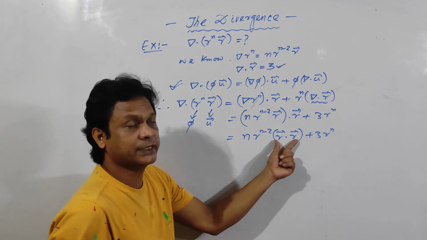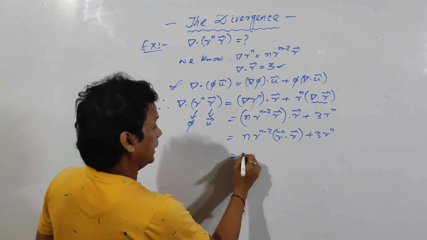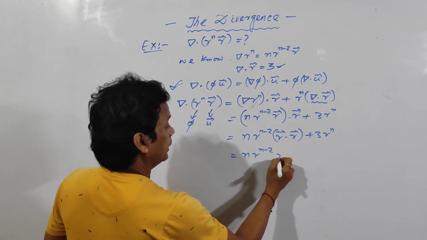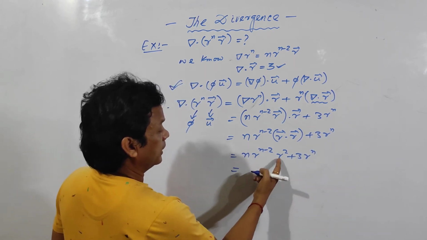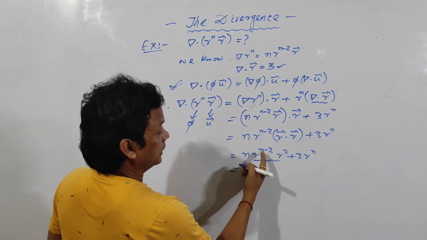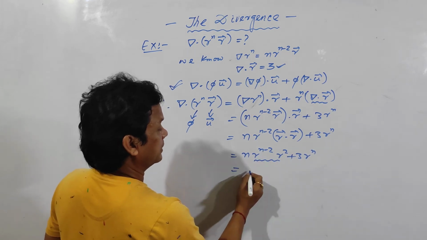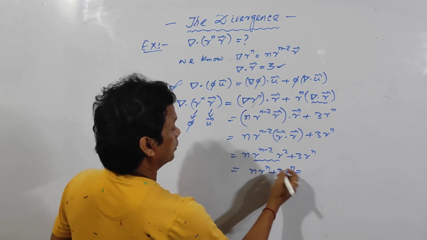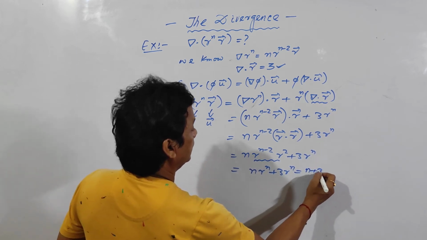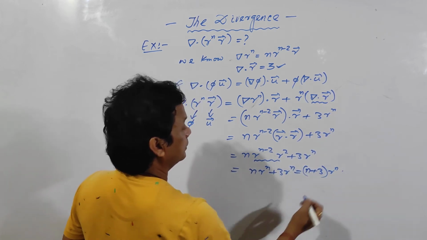And r dot r is r square. So n into r to the power n minus 2 into r square plus 3 into r to the power n. So combine these two: n minus 2 plus 2, the minus 2 and plus 2 cancel out. n into r to the power n plus 3 into r to the power n. So take r to the power n common. So it is n plus 3 into r to the power n.